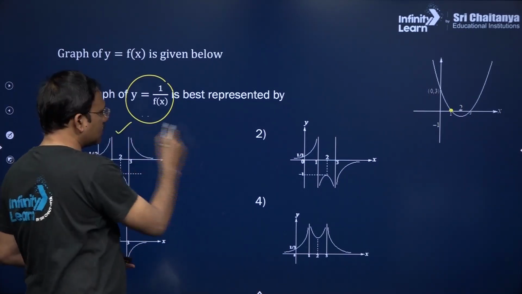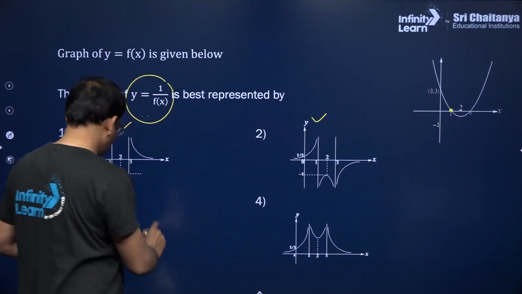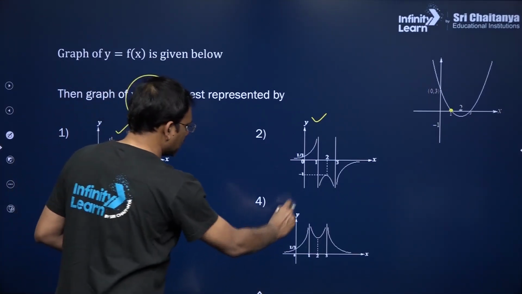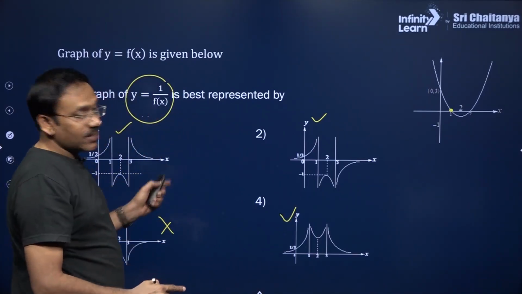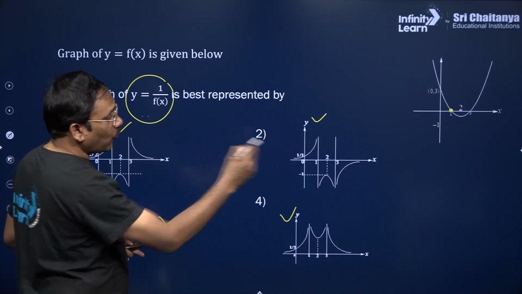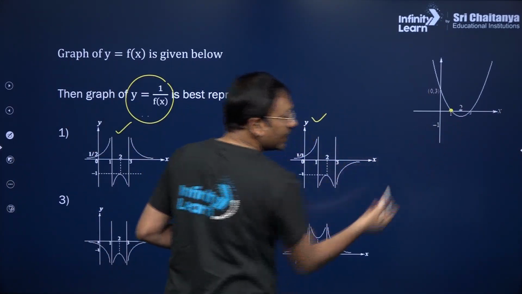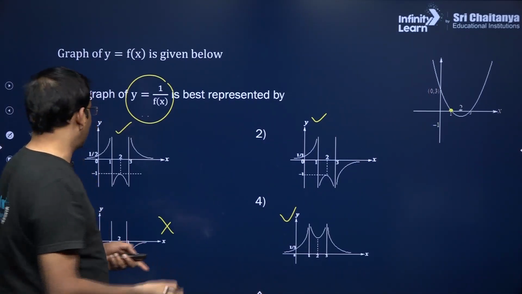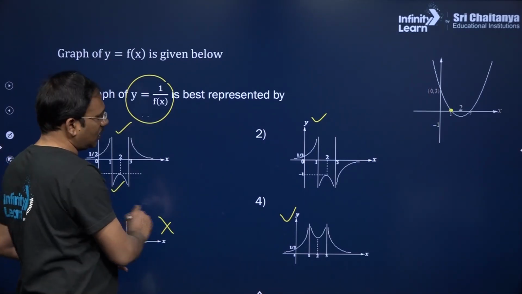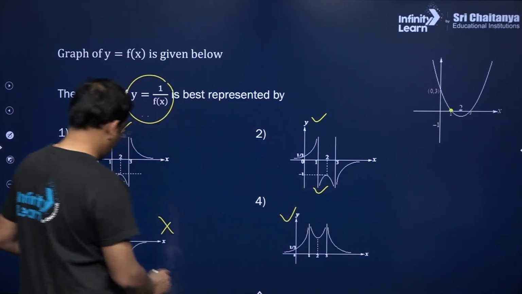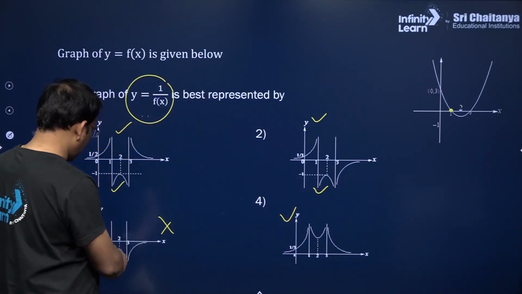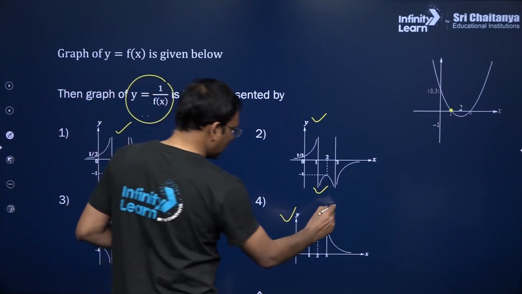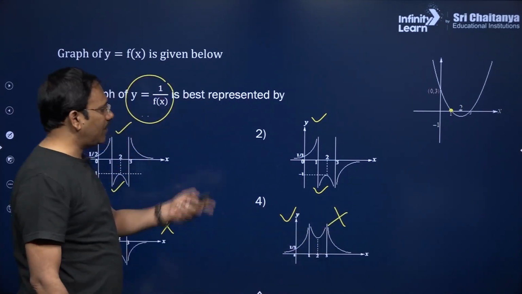So, this is possible, that this is not possible, this is possible, because 1 left side it should be at plus infinity, 1 right side it is slightly negative 0. So, the limit, the function must be at minus infinity. Here it is minus infinity, okay, this is also okay, this is wrong, this is anyhow done, here it is also done. So, these two are eliminated.